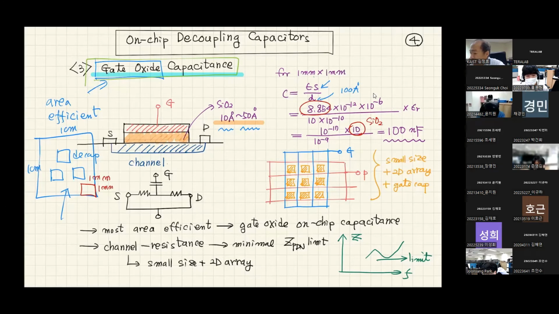Roughly, I estimated the capacitance for that size, and we found that 100 nanofarad can be formed inside the chip. But please remember that at the PCB and package level, we can put 100 nanofarad. So the capacitor size of the on-chip decoupling capacitor is not that huge.